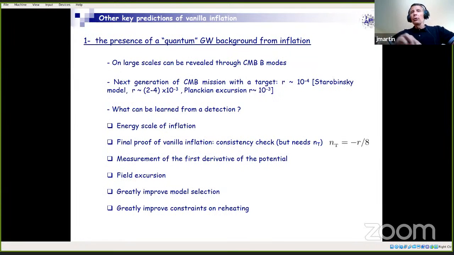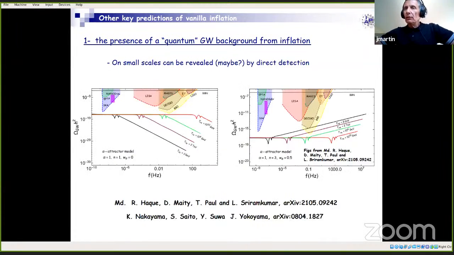What about a direct detection? Now, we could try to detect directly with the gravitational wave observatories the background of gravitational waves produced in the early universe, and typically we would obtain this graph.